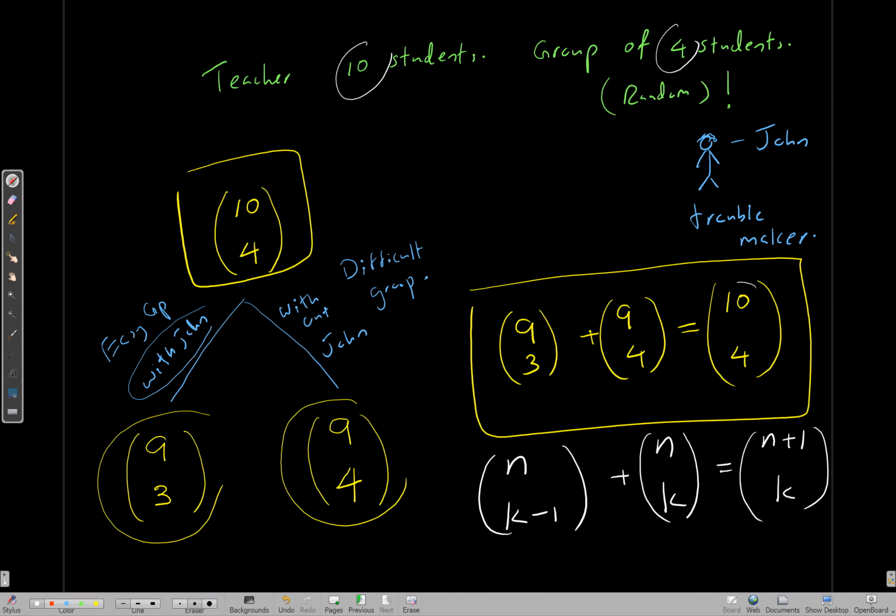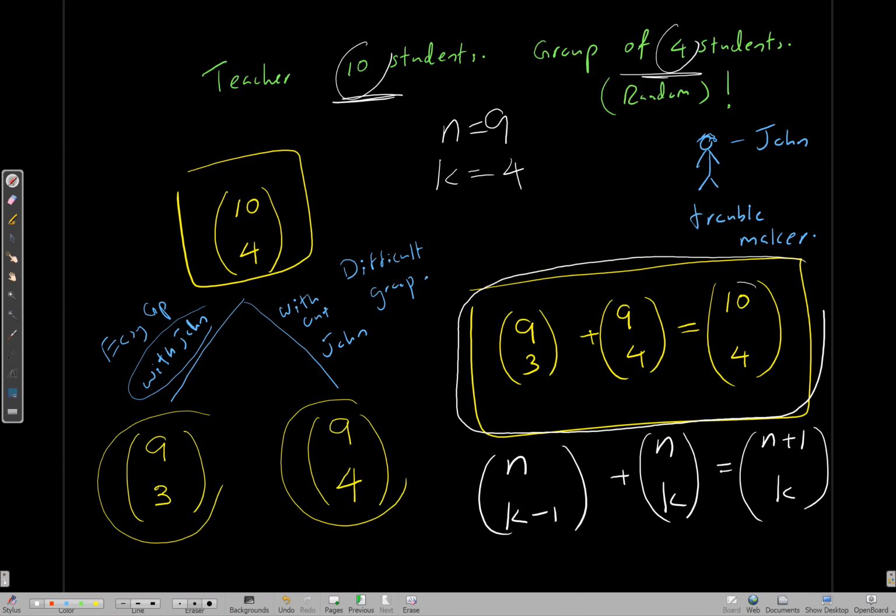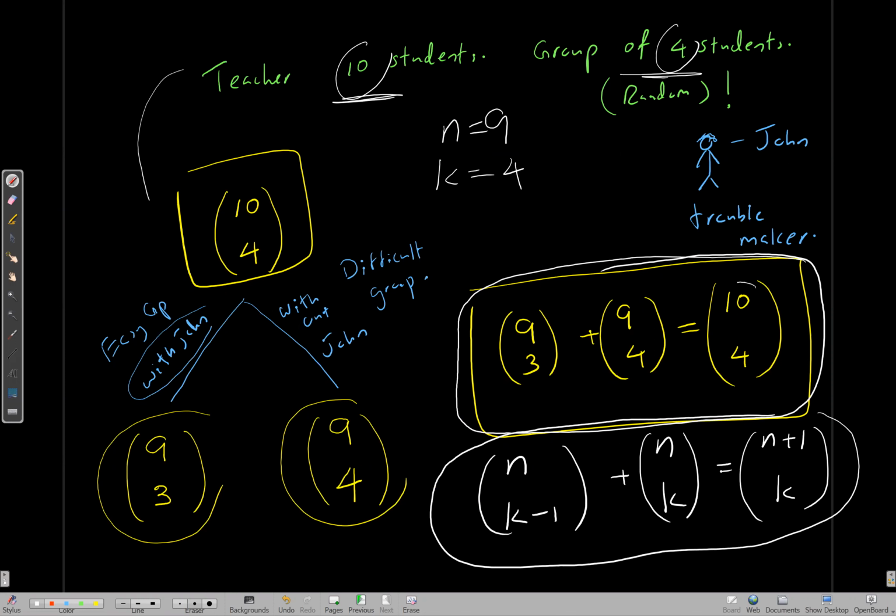This example is just a specific case of n equals 9 and k equals 4. What is happening in this equation is clear when you look at this example.